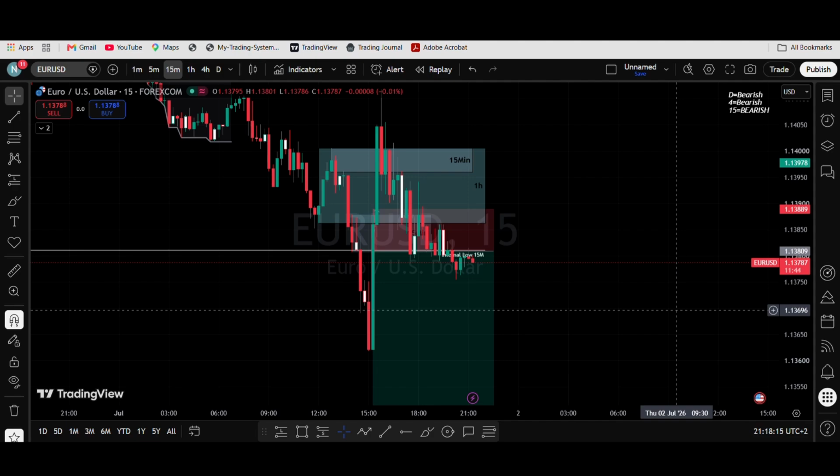It's from 8 a.m. to 12, which is 4 hours, and then from 2 p.m. to 5, maybe 6 p.m. So it's like a 4-hour block and then another block of M15 intervals. So I'll just look into that.